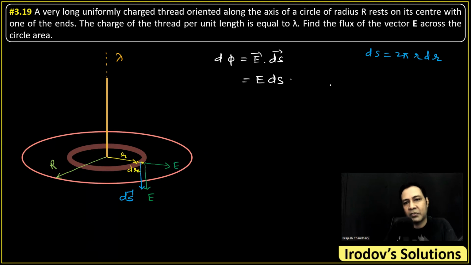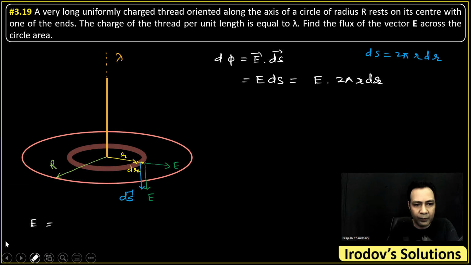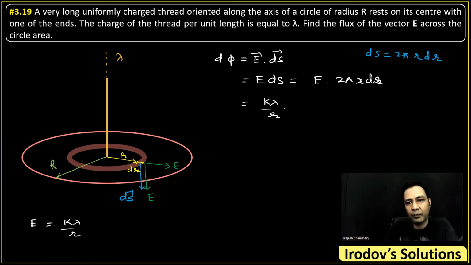And what is dS? I have just told, dS is 2 pi r dr. And what is the value of E? E at a distance small r is k lambda by small r. Putting the value of E here, k lambda by r, and this is 2 pi r dr. r and r get cancelled.